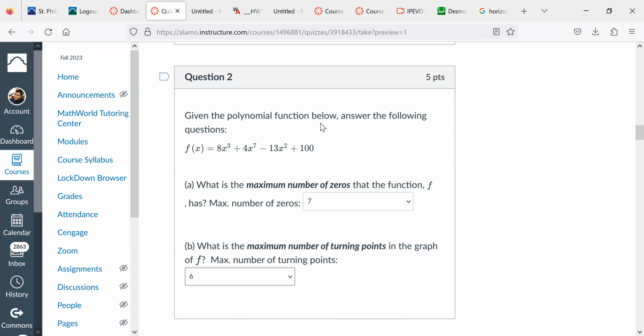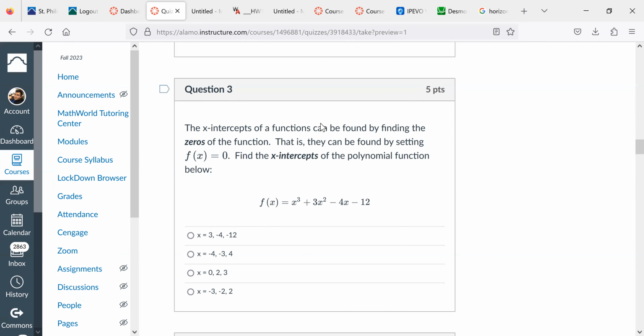Hold on a sec. Well, there's a couple of ways to do number 3.